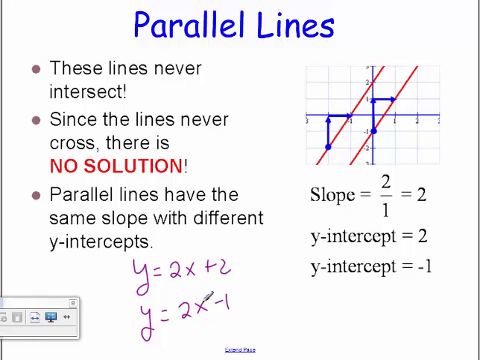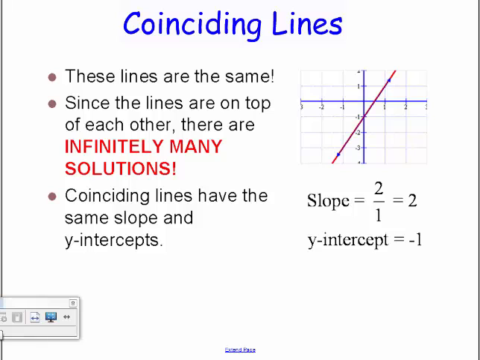Looking at this, if we graphed them, we can tell that the slopes are the same, but they're going to have different y-intercepts. There's a +2 and there's a -1. And when graphed, you will be able to see that they are parallel lines, which will give you no solution.